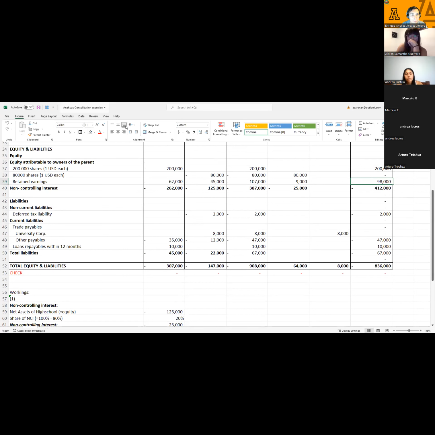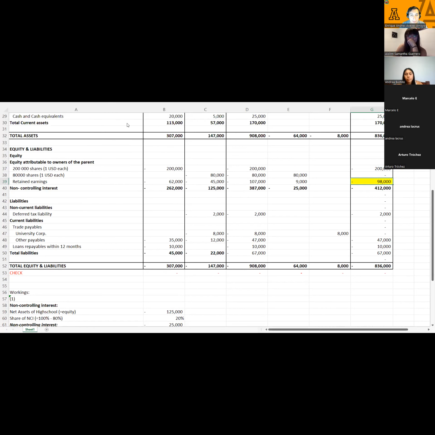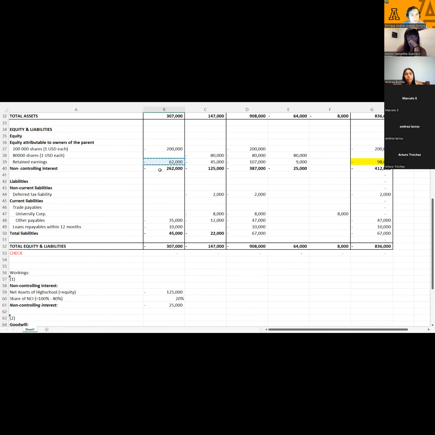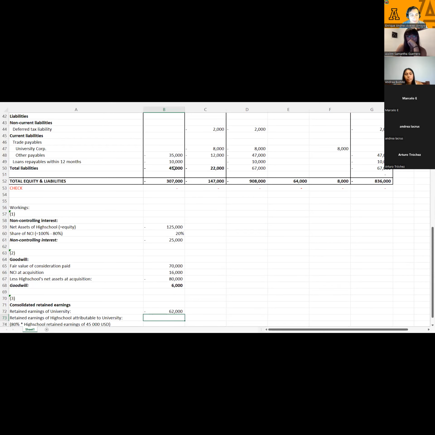But the way I taught you will make something very important be automatically done, and this is called the participation method. How do you get the participation method? Well, super difficult, come on. You have retained earnings from the university. We leave it as is because it's the parent.